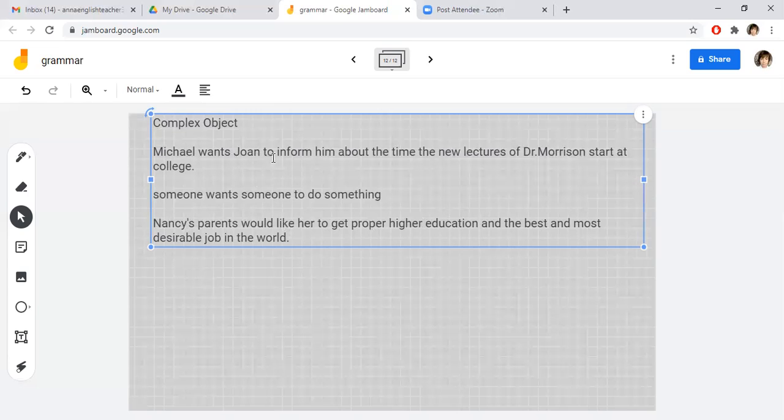Michael wants John to inform him. Nancy's parents would like her to get education and job. Let's consider more examples.